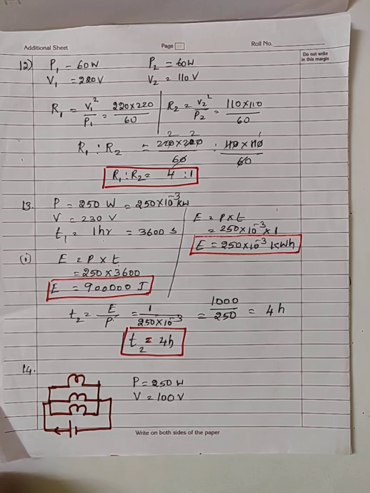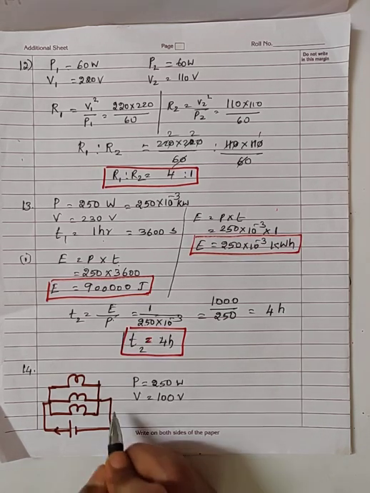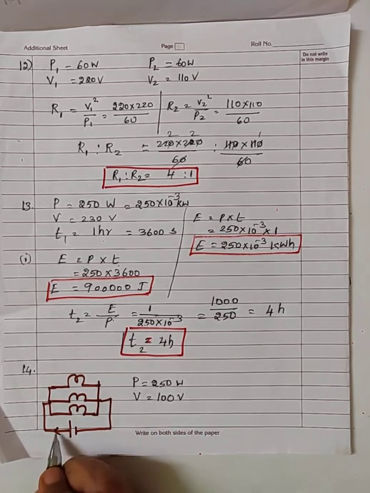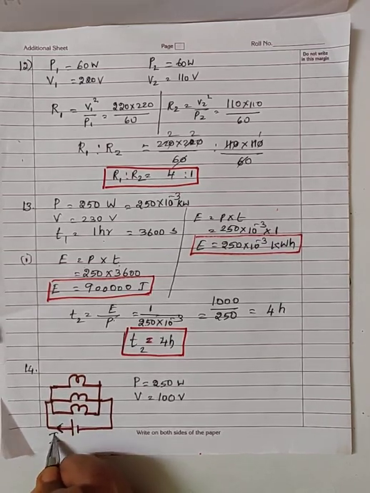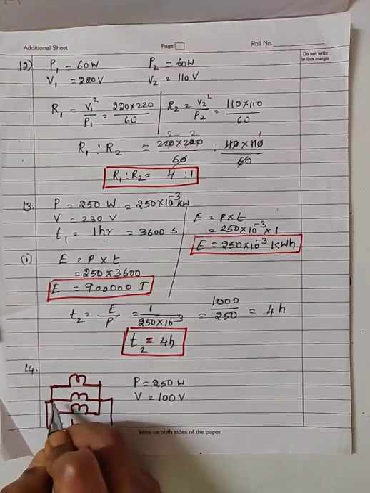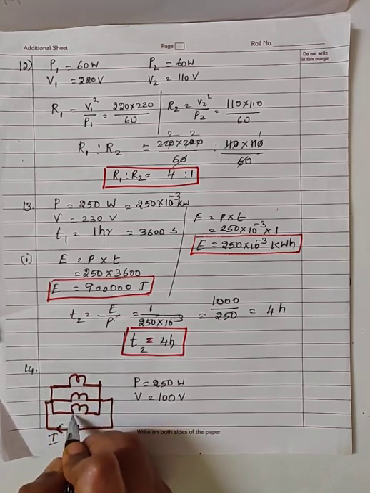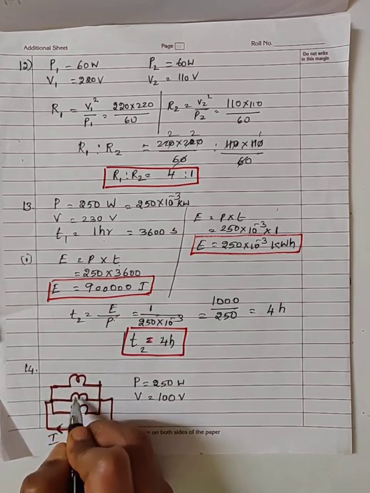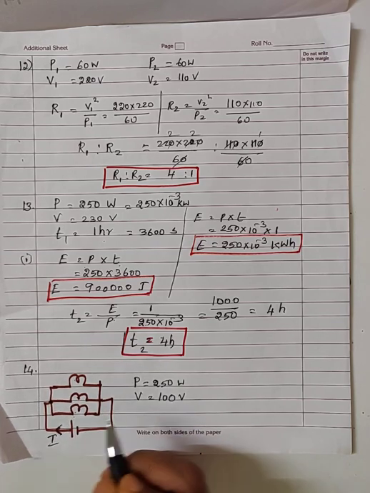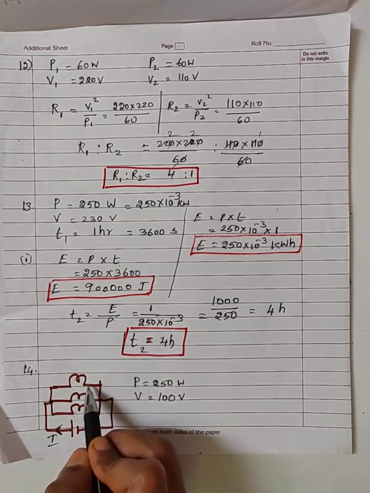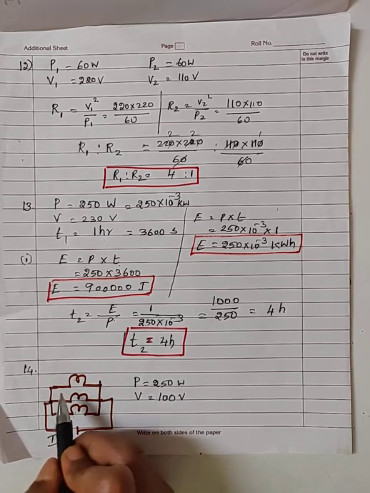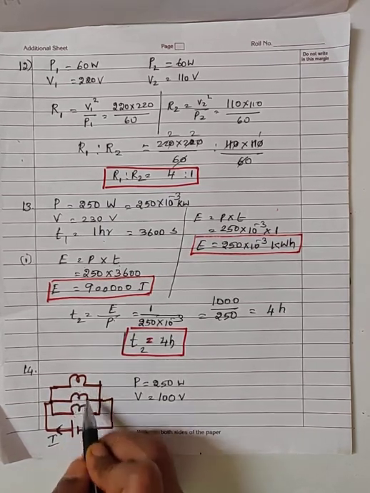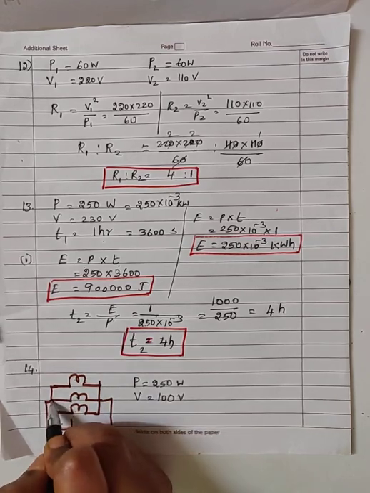If I is the current drawn from the cell, here the current branches out because the 3 heaters are connected in parallel. But the power consumed by each heater and the voltage they are connected to are the same. The current required for the operation of each heater will remain the same. But the current branches out here.